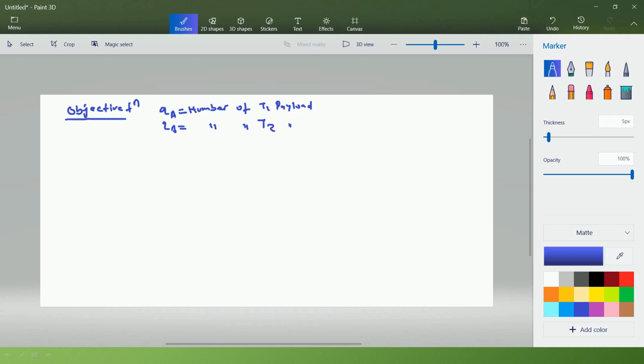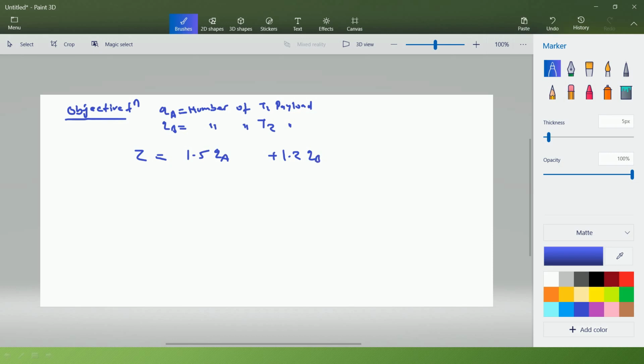Okay, so we are obtaining $1.5 million for each successful T1 payload and we are obtaining $1.2 million for each successful T2 payload.